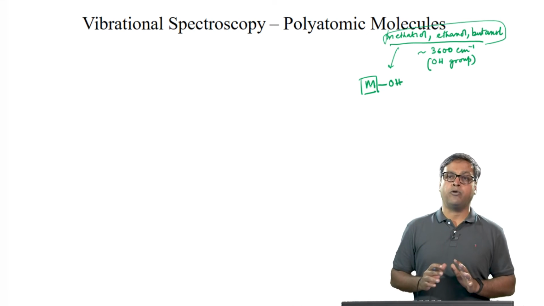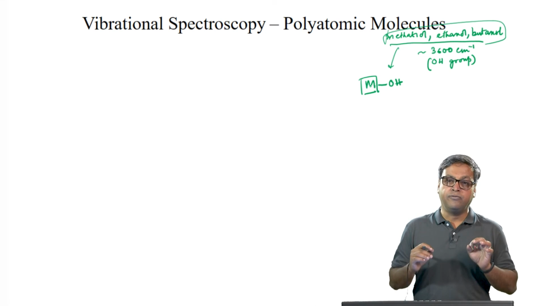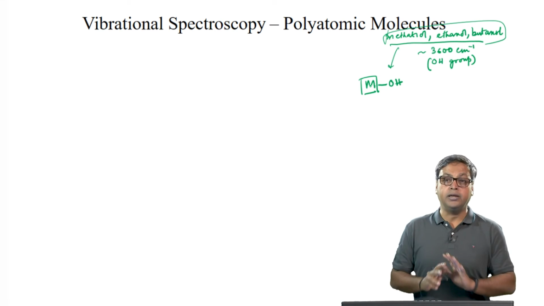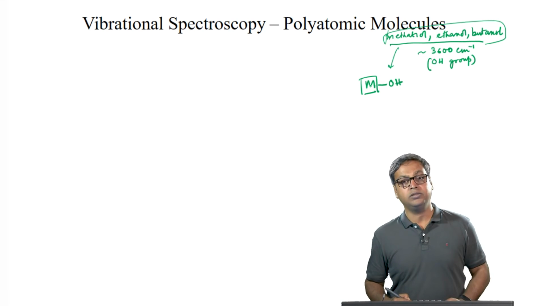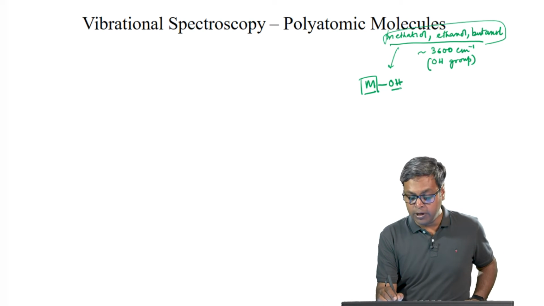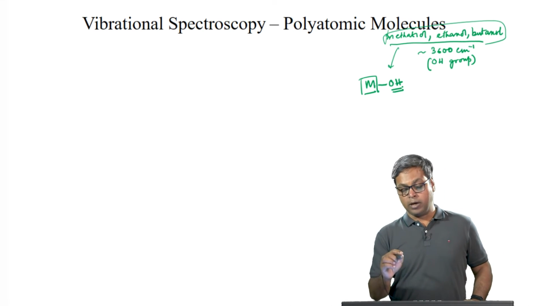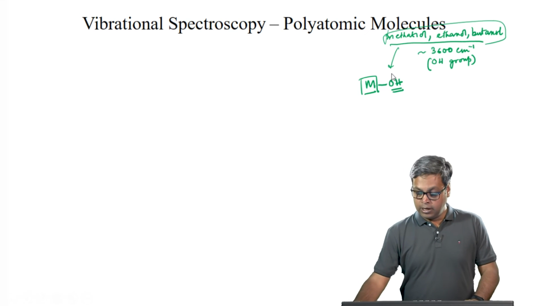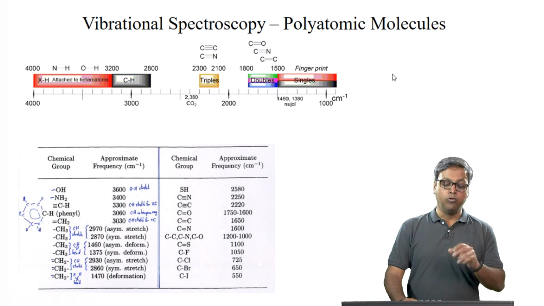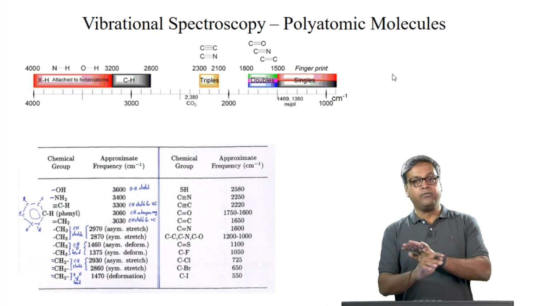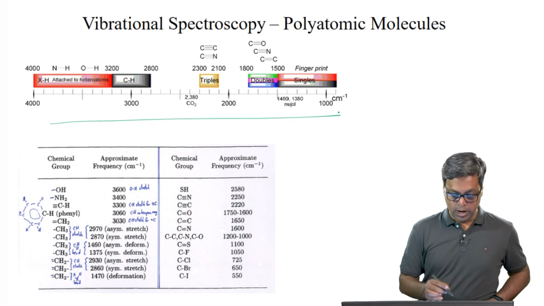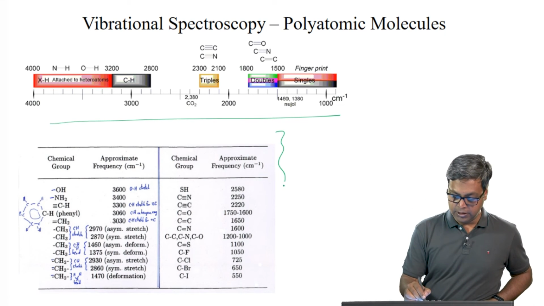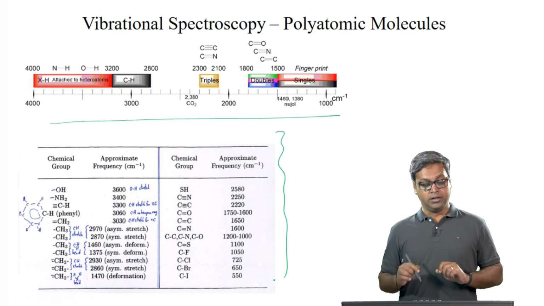So, to a first approximation, the vibrational frequency is independent of the overall size of the molecule and only depends on the vibrating group, that is the OH functional group. The characteristic group frequencies of different functional groups are shown in this figure, and also this is tabulated in this table.